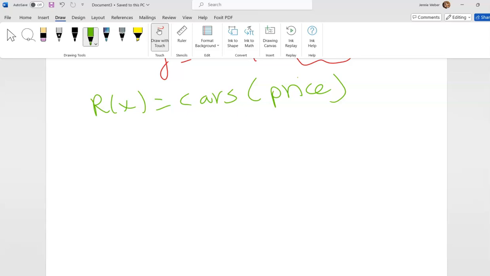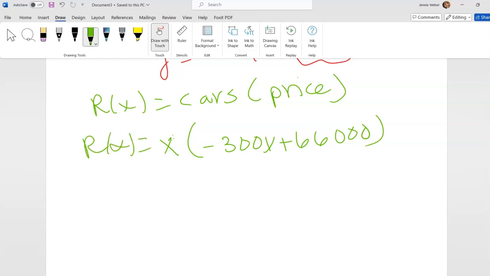But we're varying this. So the price, which is x, whatever we set it to, times the number of cars. So this is x times (negative 300x plus 66,000). This is my revenue equation.